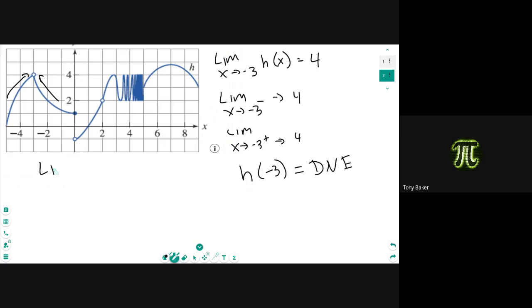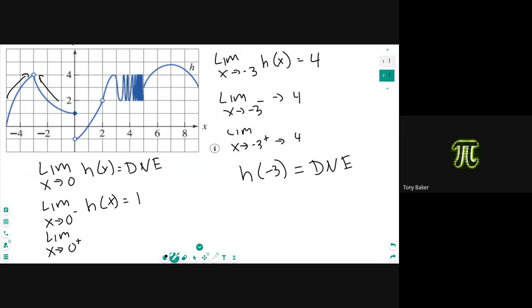What about the limit as x goes to 0 of h of x? Okay, so that one does not exist because it's going to 2 different points, right? What about the limit as it goes from the left? 1. That's 1. What about from the right?